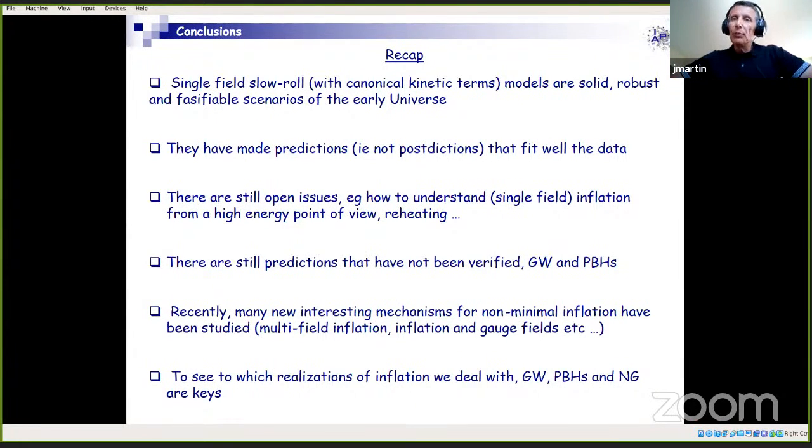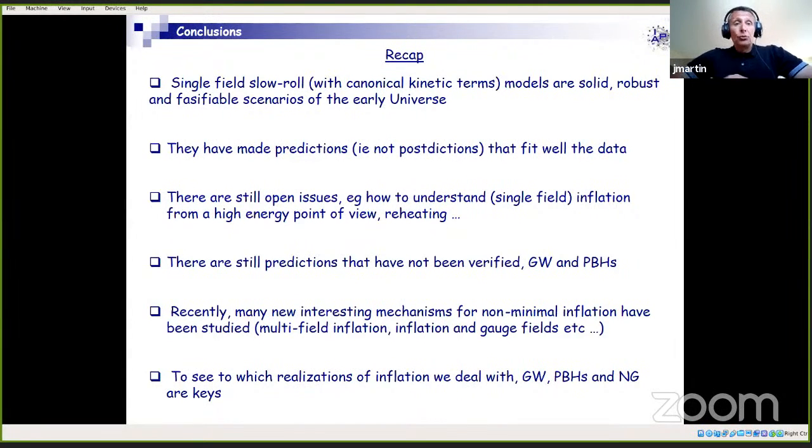The best example being the presence of a gravitational wave background. And recently, I had no time to discuss it, but recently, additional mechanisms in the context of non-minimal models of inflation have been studied. I hope this will be covered in other talks.